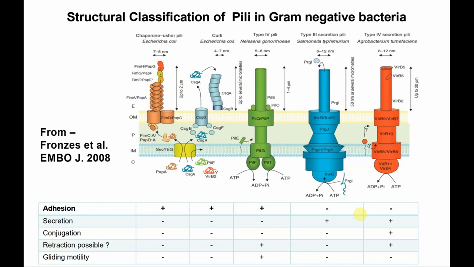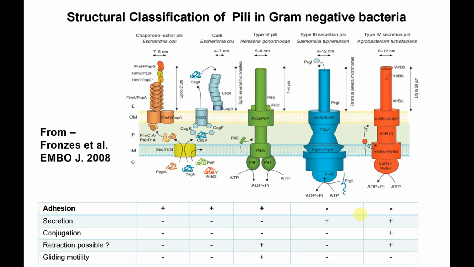Now, there are different types of pili with different types of functions, and as usual, the functions they perform are related to the structure they have and their biosynthetic pathway. So this slide is a little bit complicated, but it's worth trying to think about it because it helps you to understand which types of pili can perform which types of function.